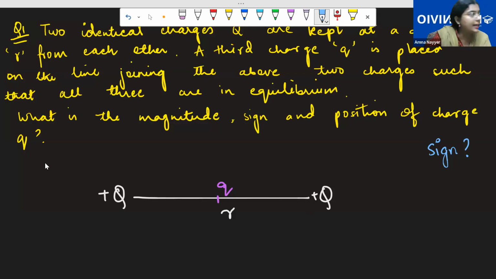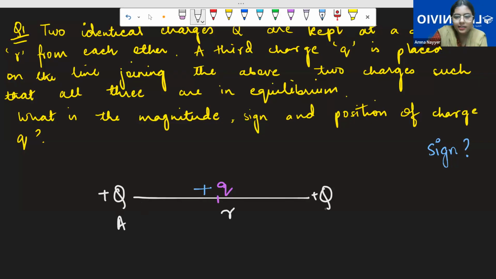This has to be done by the hit and trial method. So let me assume for a while that this charge is positive. Now we will see, if this is positive, is the system really in equilibrium or not? If it is, it means positive is right. Positive can be there.